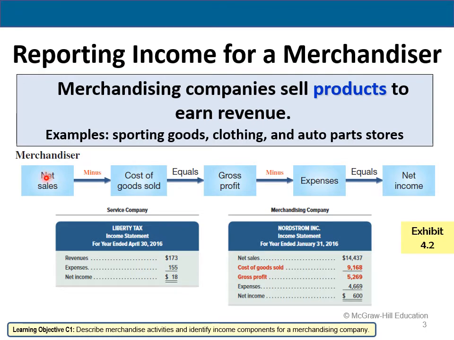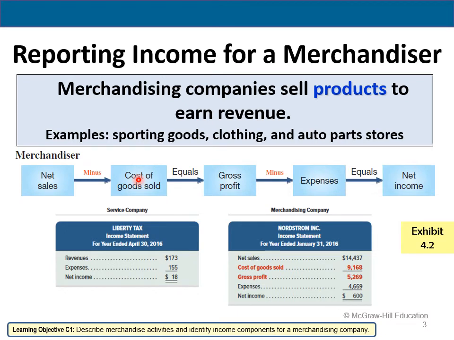Allowances are typically discounts, which we'll get into, for merchandise that didn't meet expectation. And of course, the difference is that with allowances, the purchaser keeps the goods and just takes them for a lesser price. So net sales, which is gross sales less returns and allowances, gives you cost of goods sold.